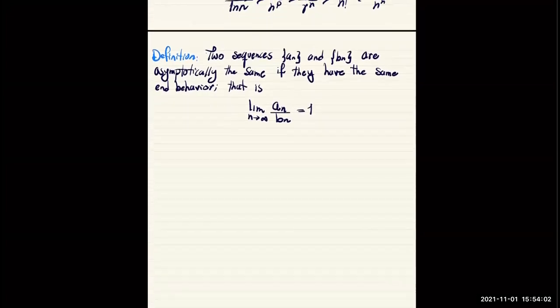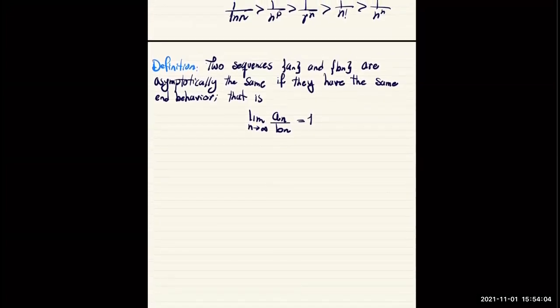All right, now I'm going to use a notation for asymptotically the same. We're not going to use the equal sign. The equal sign is used when two things are always equal.